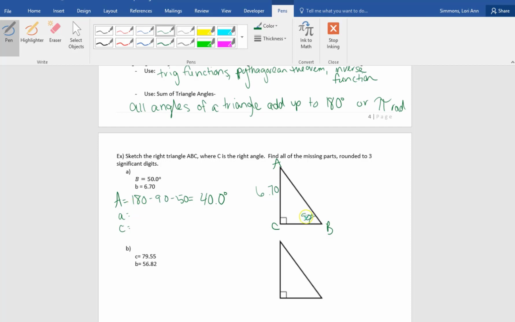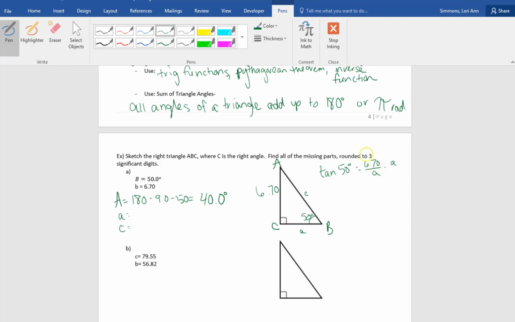So if we work with B here, we have the opposite side, and we want to find side A. We want to find opposite and adjacent, so that would be tangent. So tangent of 50 degrees is equal to the opposite, 6.70, over adjacent.